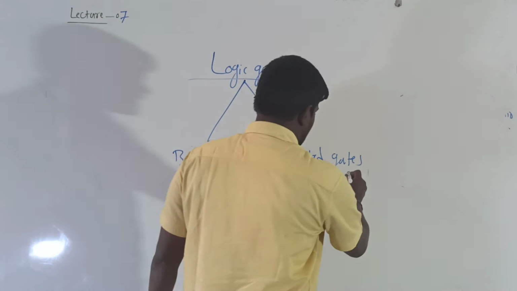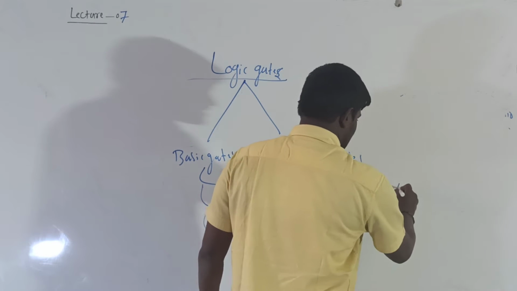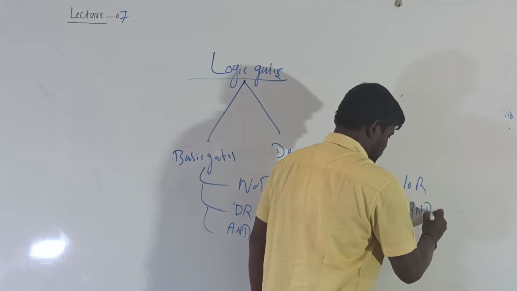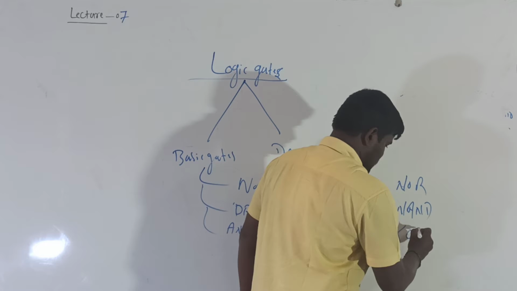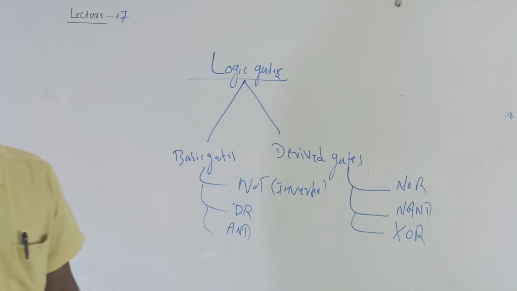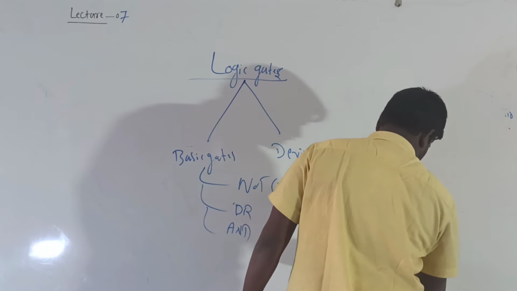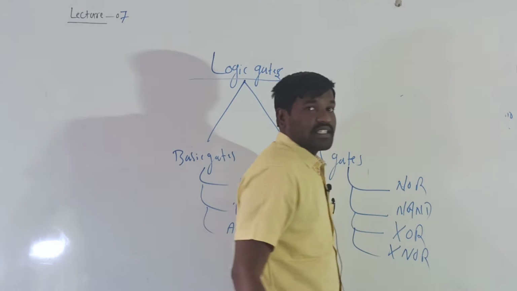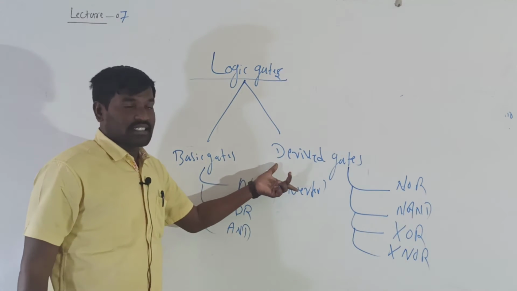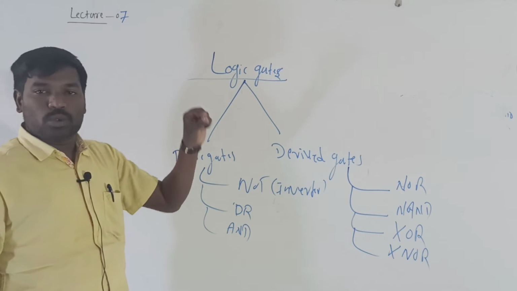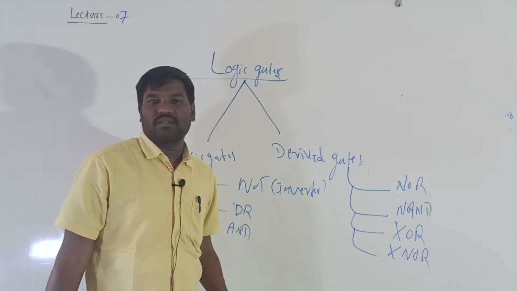There are four types of derived gates: NOR, NAND, XOR, and XNOR. In general, logic gates are divided into two types: basic gates and derived gates.